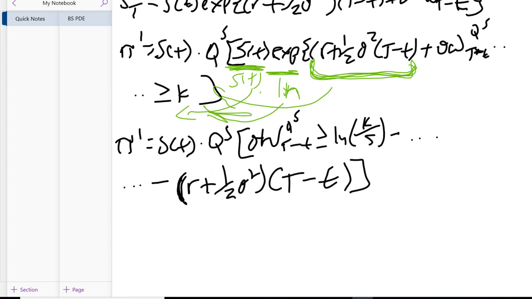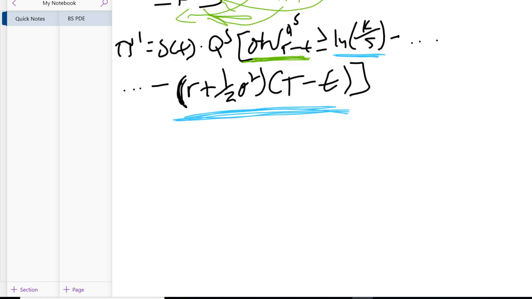And in doing so, I have to do the same operations to this other side. So it's the same as before, so that sigma W^QS T minus t is the same idea. It's normally distributed with mean 0 and variance sigma squared (T minus t). So you get the same normalization where you effectively just divide by sigma root (T minus t).